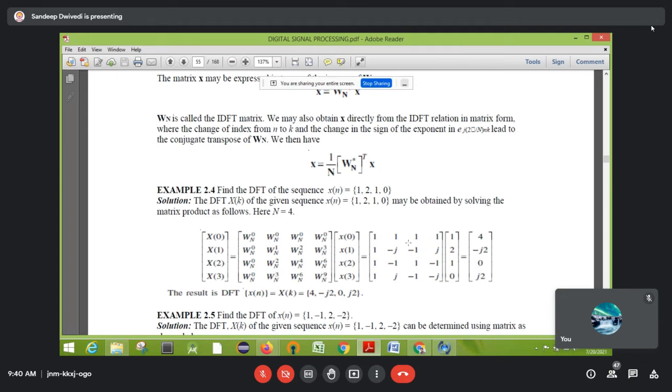How to do the calculation? Write e raised to power minus j 2 pi upon capital N. Capital N over here is 4, so you need to put this value 4.